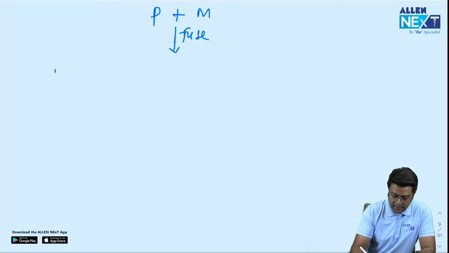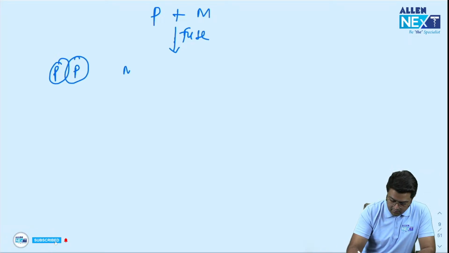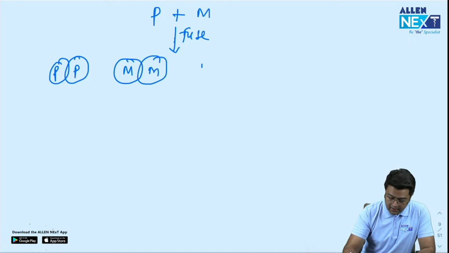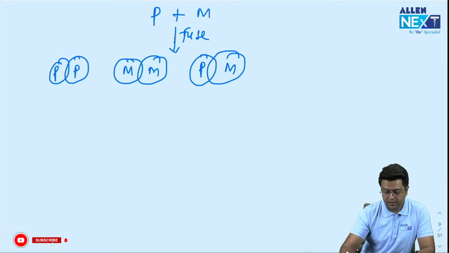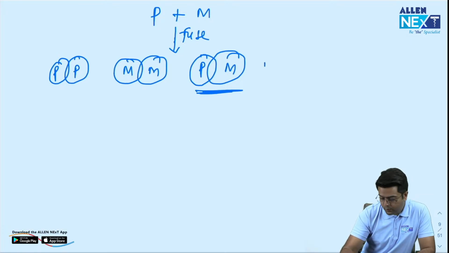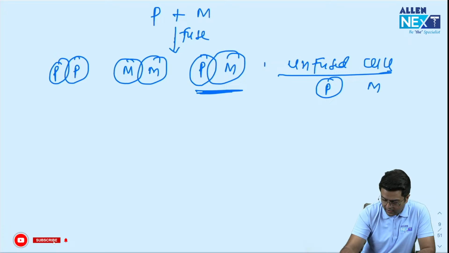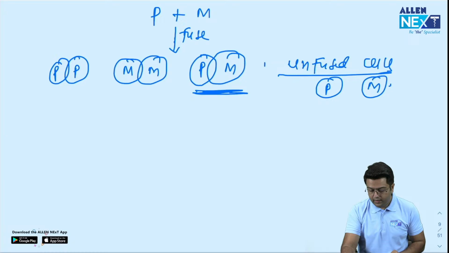We can get cells where plasma and plasma are fused together. Then a cell where myeloma and myeloma are fused together. Then there is the probability that plasma and myeloma cells fuse together, and this is what I want. Then there is the probability that we will have some unfused cells, plasma cells and myeloma cells that remain unfused. Now I want to select only these cells.